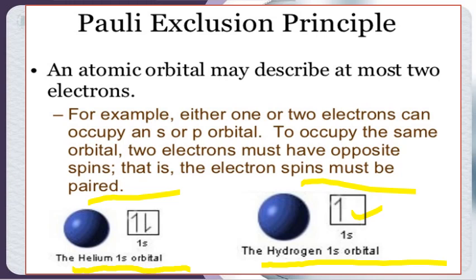Now here we have 1 electron for hydrogen, but for helium there are 2 electrons. Unless you fill the 1s completely, you will not move on to the second shell. You cannot go there before filling the 1s completely, right? Now this 1s has 2 electrons in it.